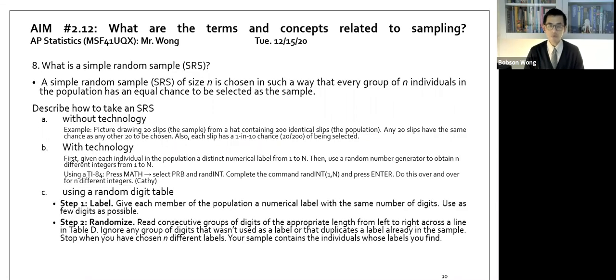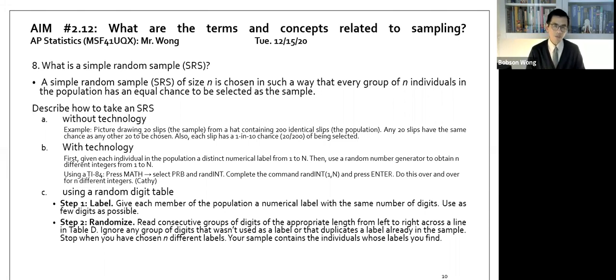So what's a simple random sample? A simple random sample is, as the name implies, the simplest kind of random sampling that we can do. So the formal definition is that it is a sample of size n, whatever number n is, so that every group of n individuals in the population has an equal chance to be selected as the sample.